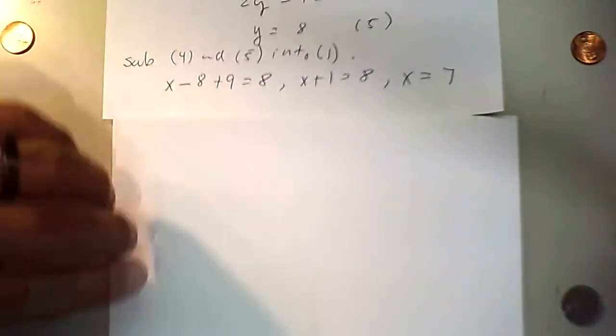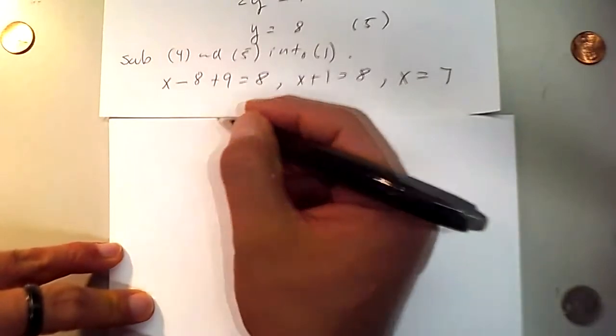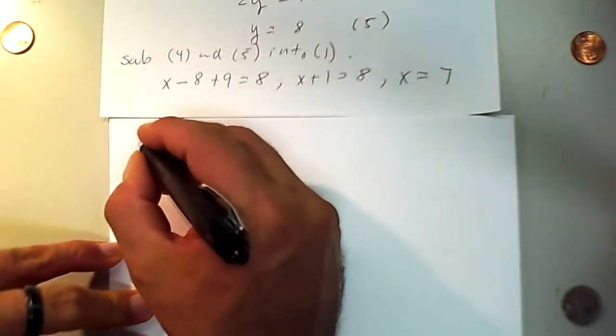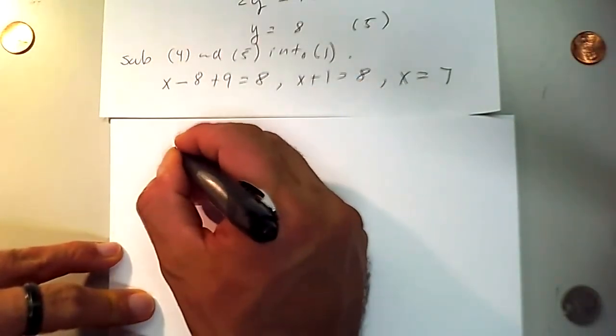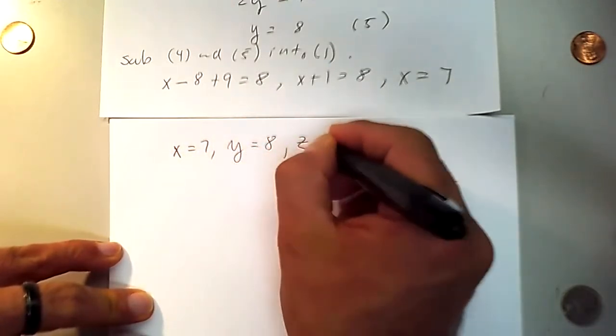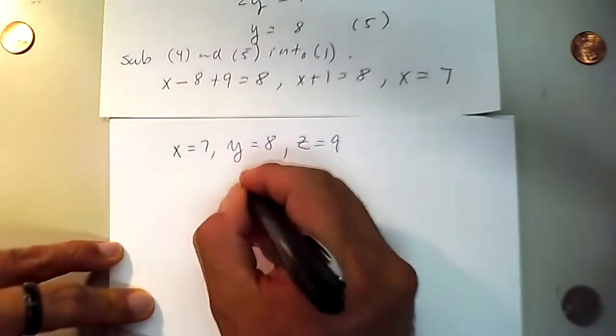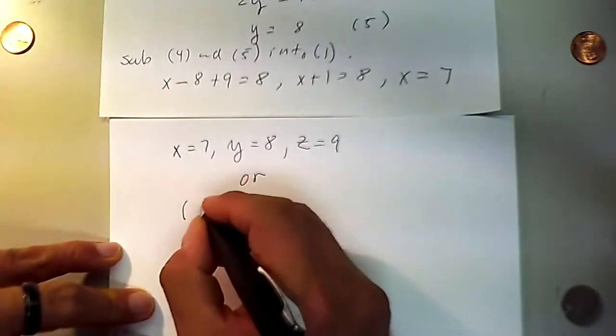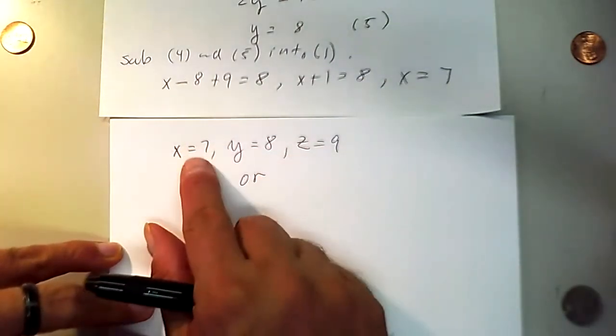Okay, so I'm going to finish example 5 here on the next page. So how do we write the answer? There are two ways to write the answer. You can simply say x equals 7, y equals 8, z equals 9, or we can put it as a triple, 7, 8, 9.